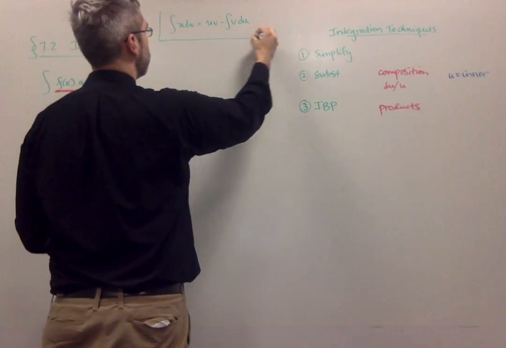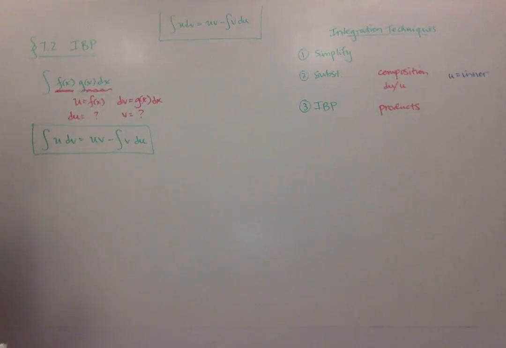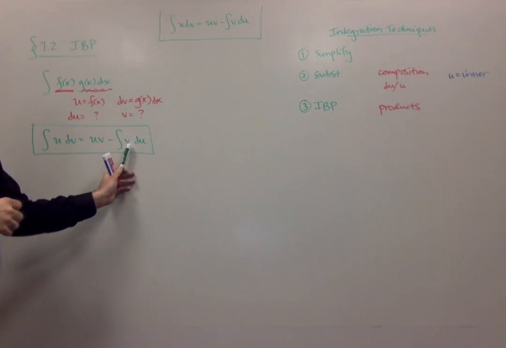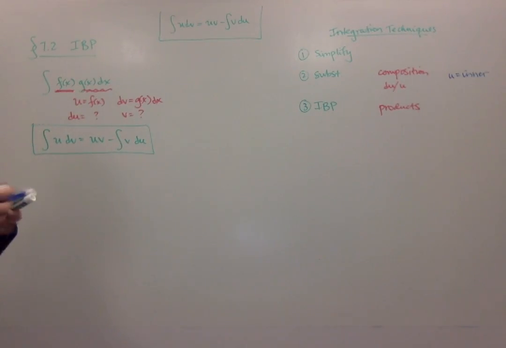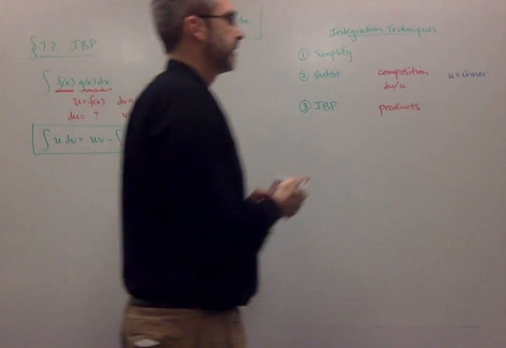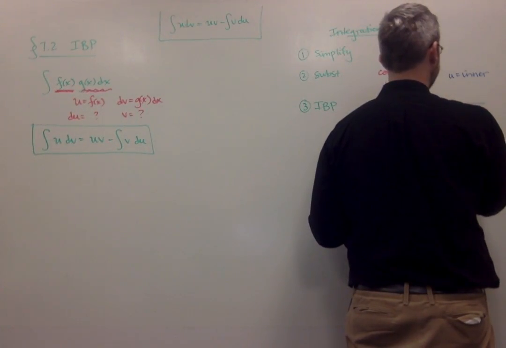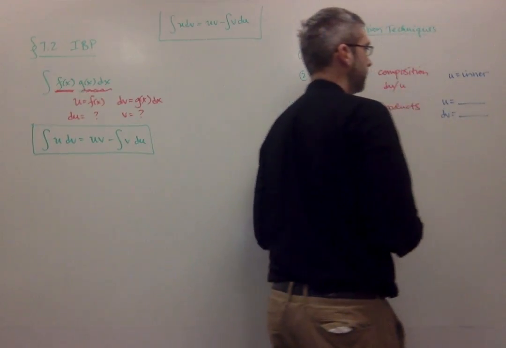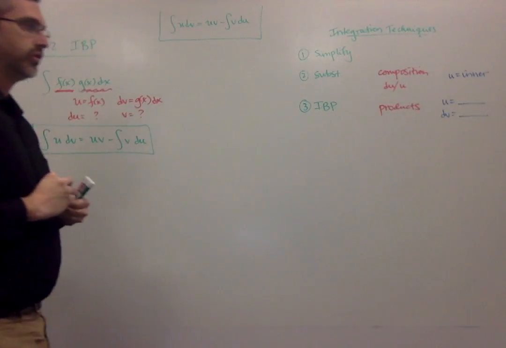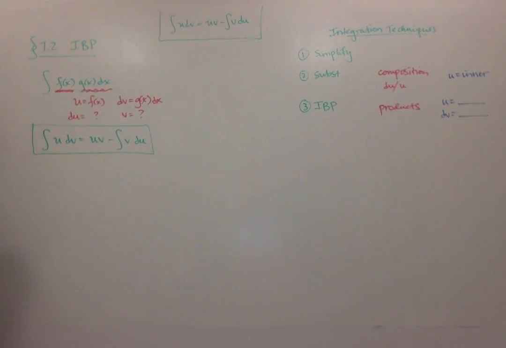The idea is hopefully we picked these in such a way that this integral was hard, but this integral that we end up with later is easier. So we're looking for products, and we let u equal part of that and dv equal the other part, and we compute du and v and then use this formula.